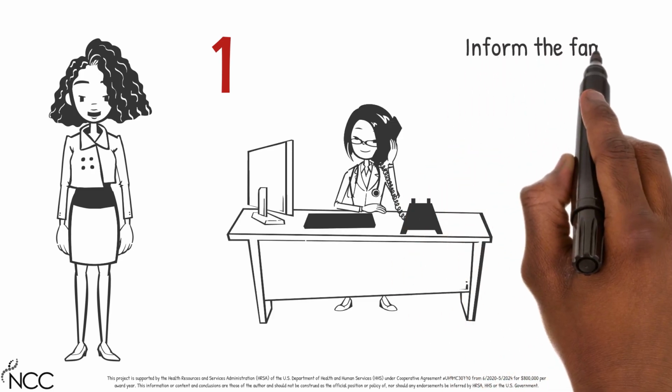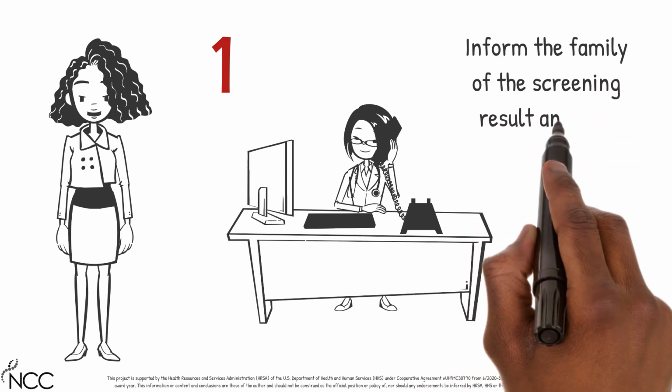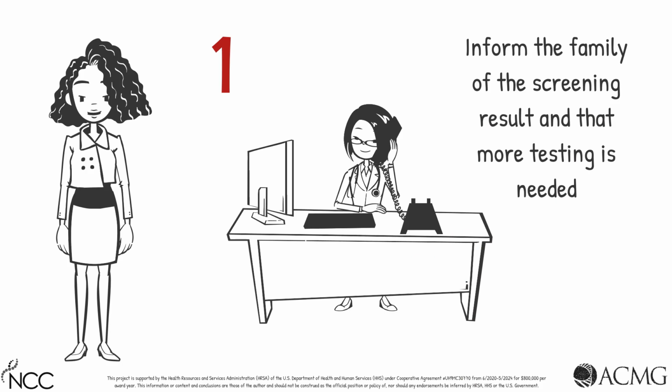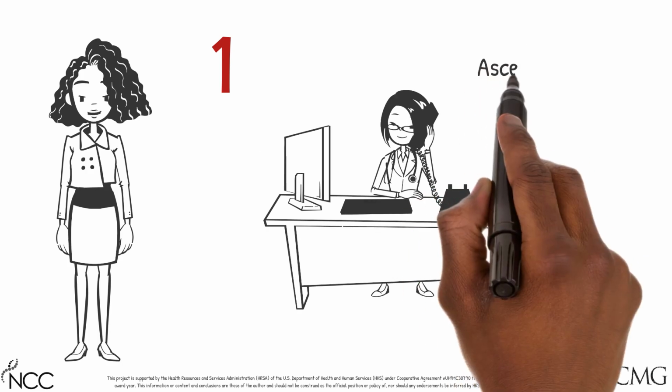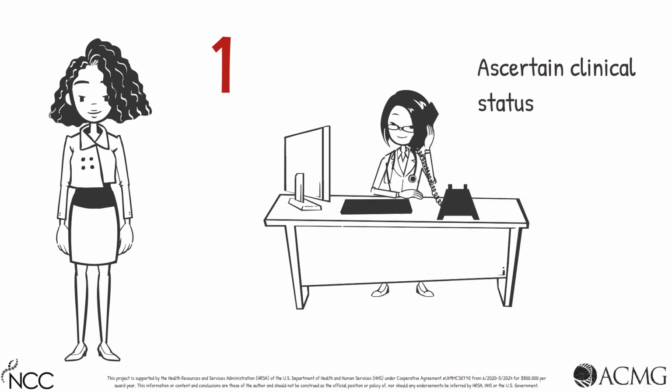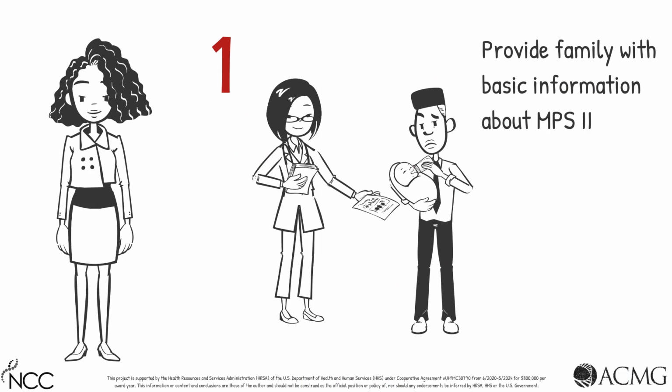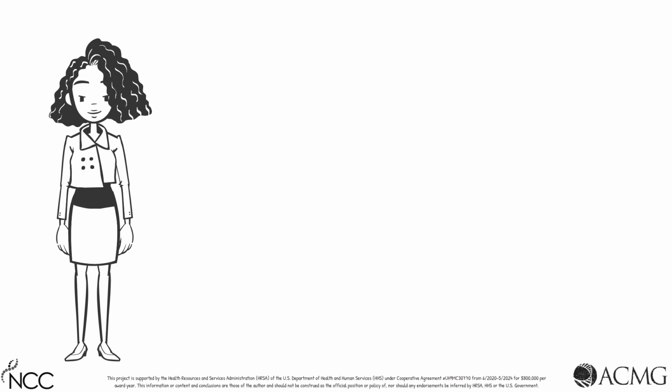Inform them of the newborn screening result and that more testing is needed to determine if their child does or does not have the disease. Ascertain clinical status. No clinical signs are expected in the neonatal period, though some infants may have an umbilical or inguinal hernia. Provide the family with basic information about MPS II.